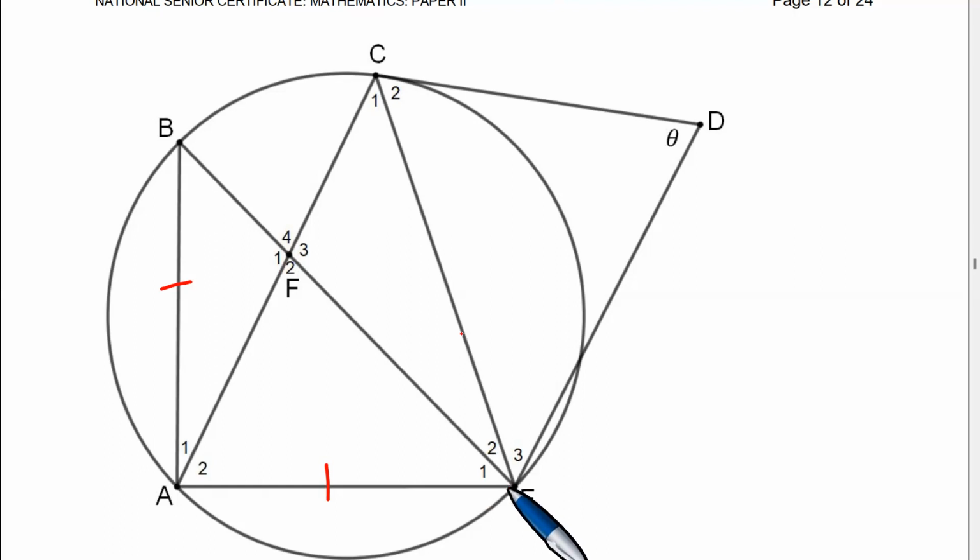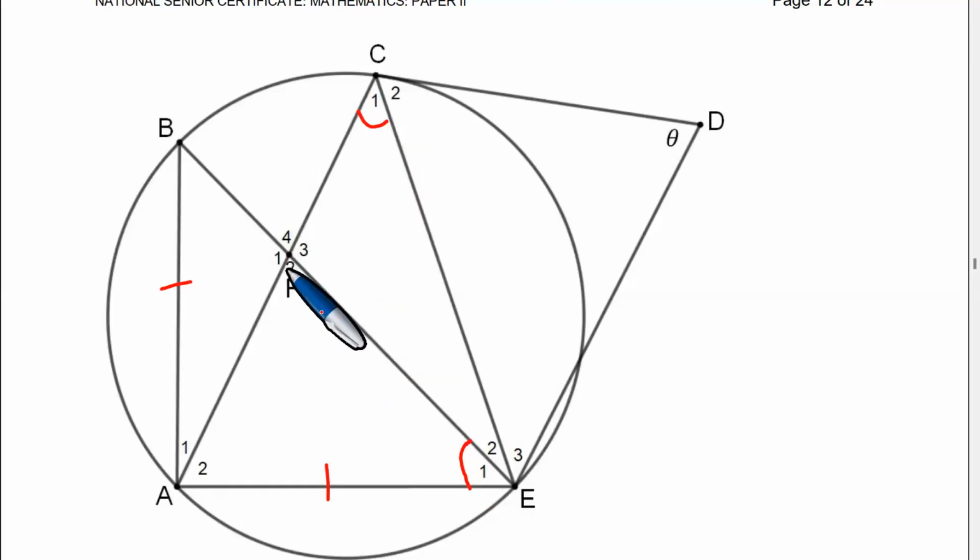So if AE is a tangent, we might just prove that this angle here, which is the angle between this tangent and the chord, equals the angle subtended by this chord. What angle can this chord subtend at the circumference of the circle that passes through the points? It can subtend that one.